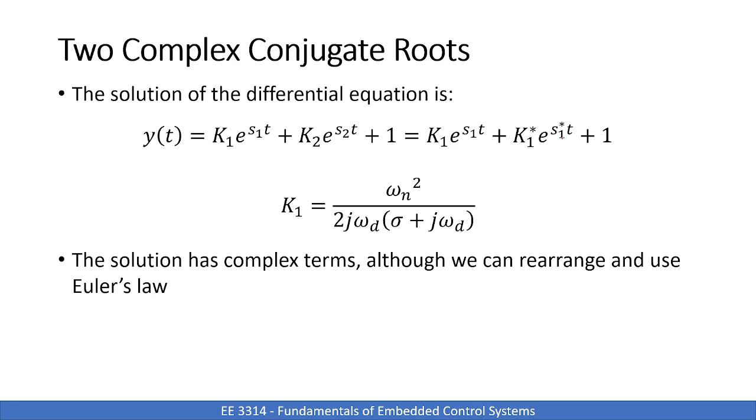Euler's law, we know that we can turn that into a sinusoid, maybe after factoring out an exponential factor. We're not going to get too deep, but just know that Euler's formula basically says that cosine of theta is equal to e to the j theta plus e to the minus j theta over 2, and sine is equal to e to the j theta minus e to the minus j theta over 2j.